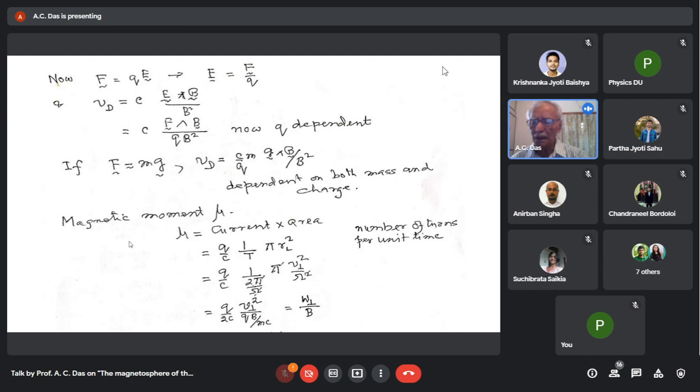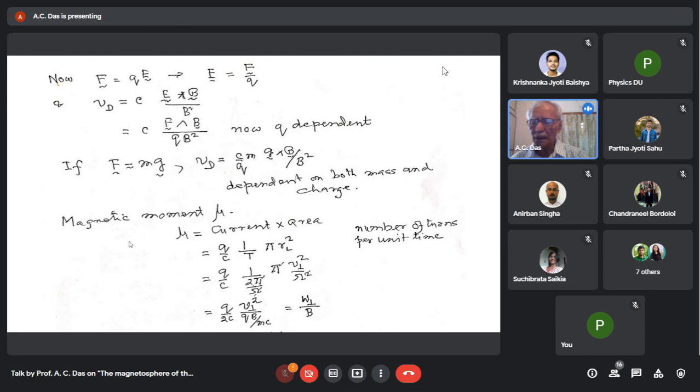So that would be given by q by c, and 1 by T would be given by the number of turns, which is defined by the time, 2 pi by omega, and the area is pi r_L squared. r_L is the thermal radius, pi r_L squared is the area of the circle, and that you can write down on that side, and you get mu is equal to W perpendicular by B. Very important parameter as far as the magnetosphere is concerned.